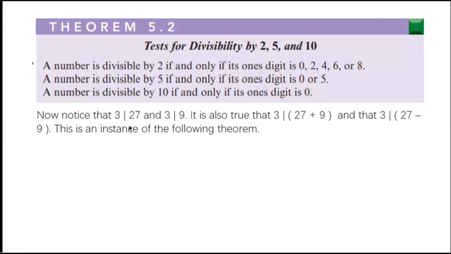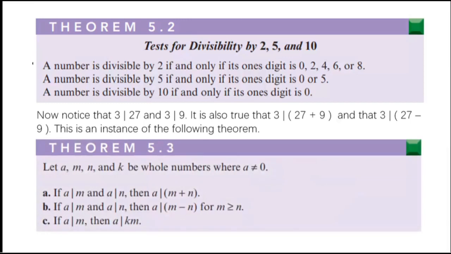Kasi yung dalawang given natin, 3 divides 27, 3 divides 9, are true for divisibility by 3. So, paano nangyari na yung sum ng dividends ay pwede maging divisible din by the divisor. Ganon din yung difference ng dividends ay naging divisible din doon sa ating divisor.